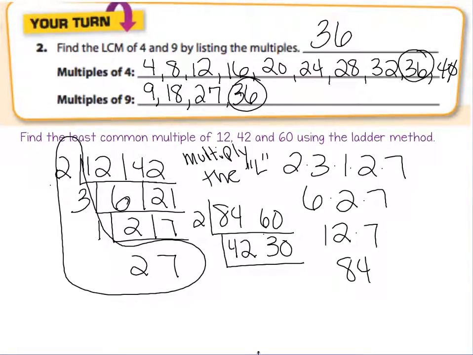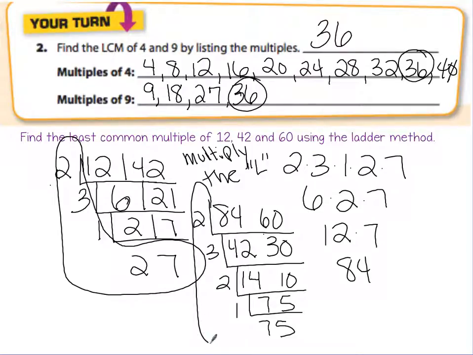Both of those can be divided by 3. 3 goes into 42 once... it goes into 12 four times. Here it's 10. These can both be divided by 2, and I get 7 and 5. Now I'm down to 1. So it makes sense that my LCM is going to be a big number because I'm working with larger numbers.